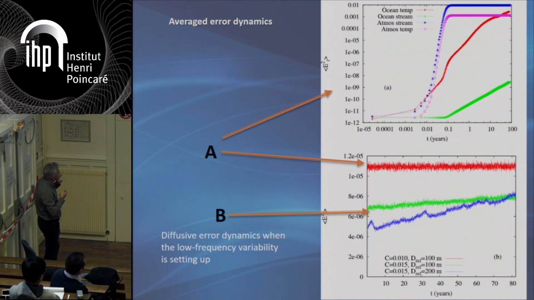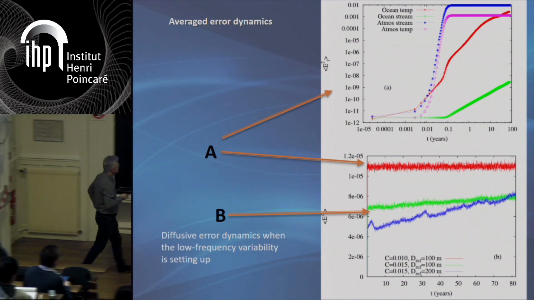This is for the first attractor, the attractor with no low frequency variability. And you have a saturation which is quite rapid for just one variable. And now, if you look at the case where you have the low frequency variability, clearly you see a diffusive behavior of the error for very, very long times, clearly indicating that we have predictability for long times.